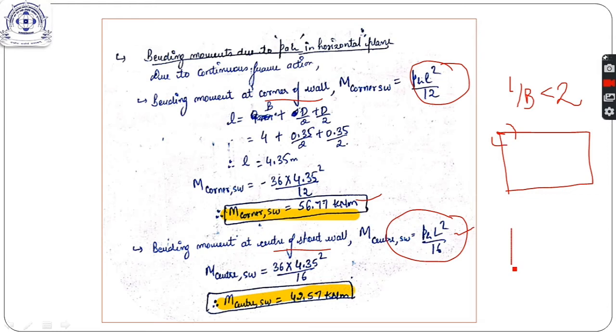But now in this case, there is only a fixed end moment acting at the short wall, because there is no continuous action acting on the long wall. So we don't require the moment distribution method. The fixed end moment at the short wall will itself be the corner moment in the short wall. So the moment at the corner of the short wall is this, and the moment at the center of the short wall is this.